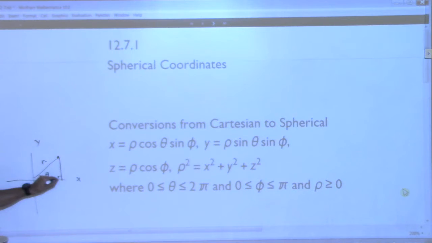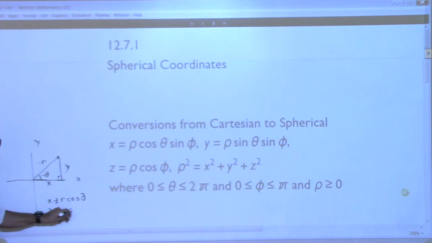And then from that right triangle, we came up with basically that arctangent of y over x is theta. But in spherical, x is not r cosine theta, and y is not r sine theta. So you don't have the right triangle anymore.